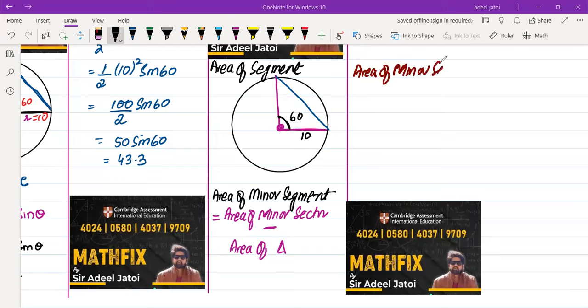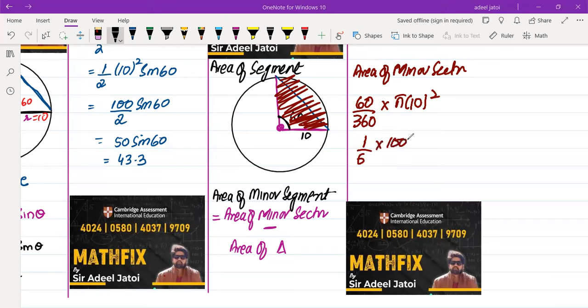It should be 60 upon 360 into pi 10 square, which was 1 upon 6 into 100 pi, and this was 50 upon 3 pi. The answer for this was 52.7.